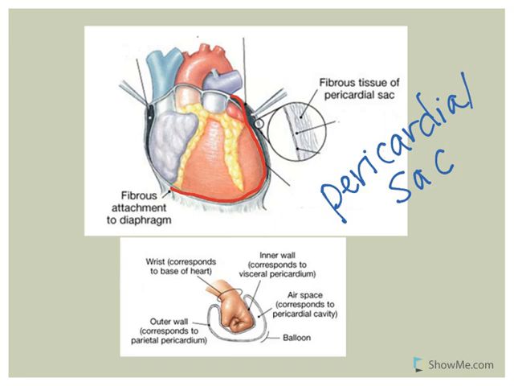The parietal pericardium is continuous or fused to the fibrous pericardium. It's inseparable from it, but it's going to be right here. It's hard to see here, but it's going to be lining the cavity in which the heart is found. So it lines the pericardial cavity.